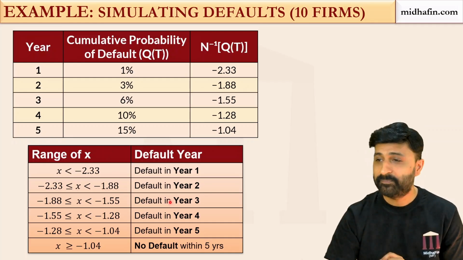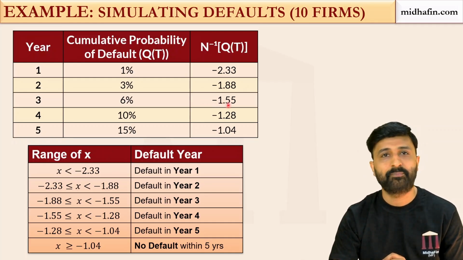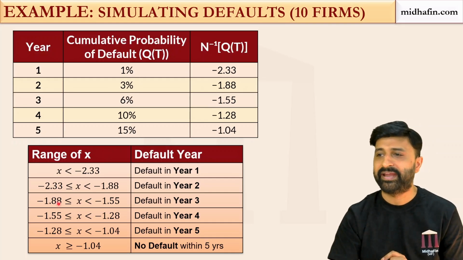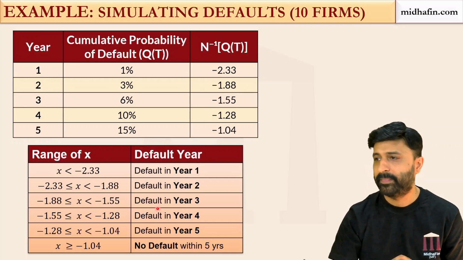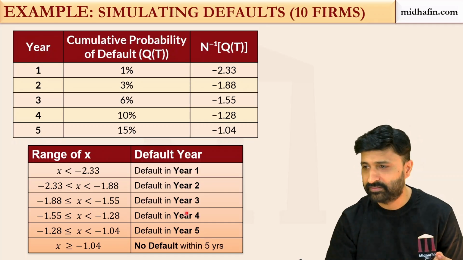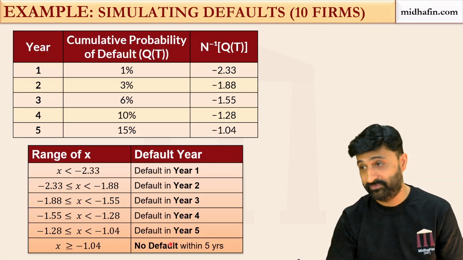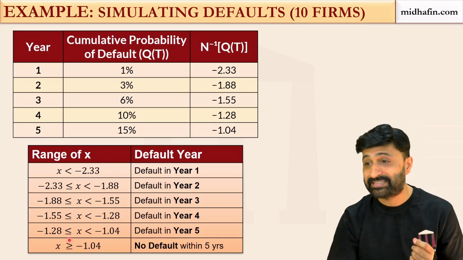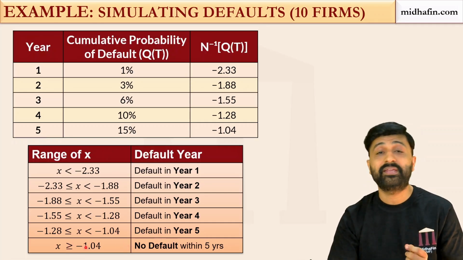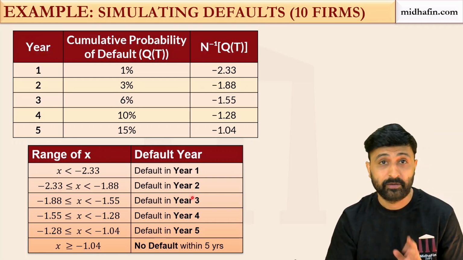Similarly, for year 3, at 6%, the inverse is negative 1.55. So if x is between negative 1.88 and negative 1.55, it defaults in year 3. Similarly, for year 4 and for year 5. Then, of course, if x is greater than or equal to negative 1.04, the final value, no default.